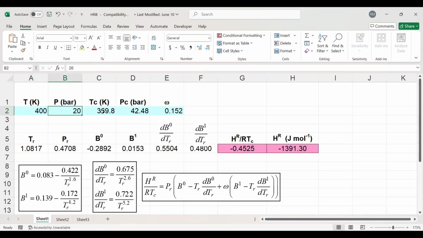The pressure is 20 bar, and then write the TC and omega, the eccentric factor. It will automatically calculate, so this is useful for your homeworks. You can check it.